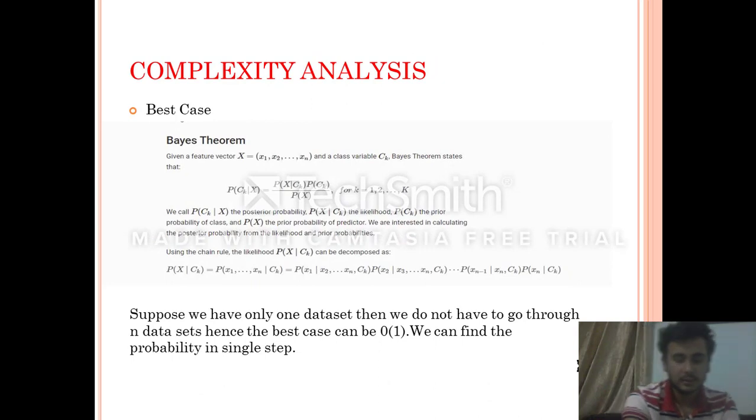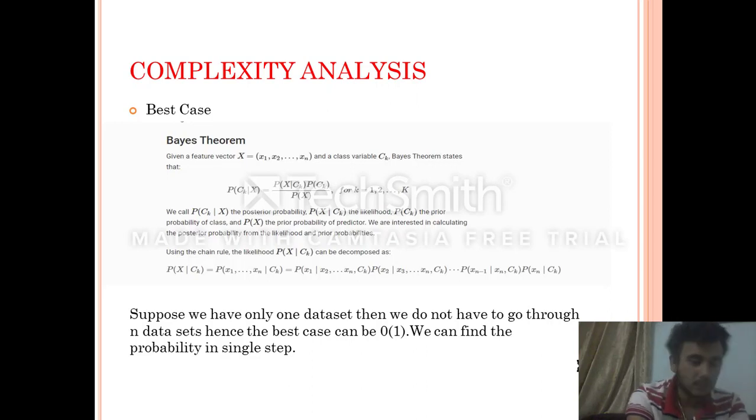Moving forward, best case. In the best case, I might also be naive because I think I lack some research for this complexity analysis, although I have given an example from what I learned from the internet.